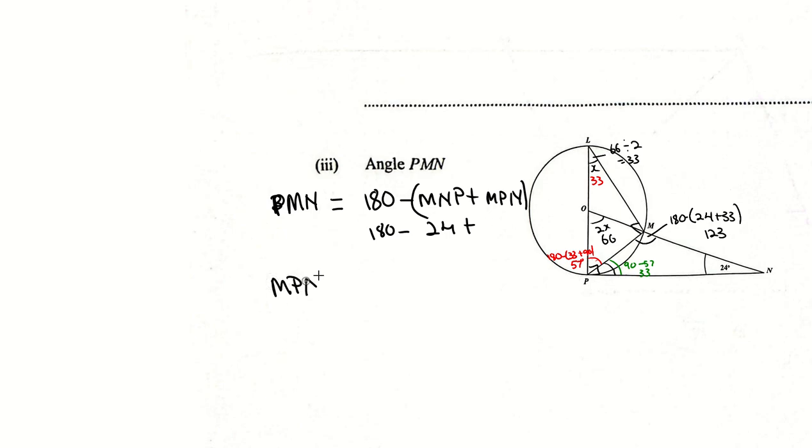And MPN would be equal to this angle here, angle OPN minus OPN, that's 90 degrees, minus the green angle OPN.